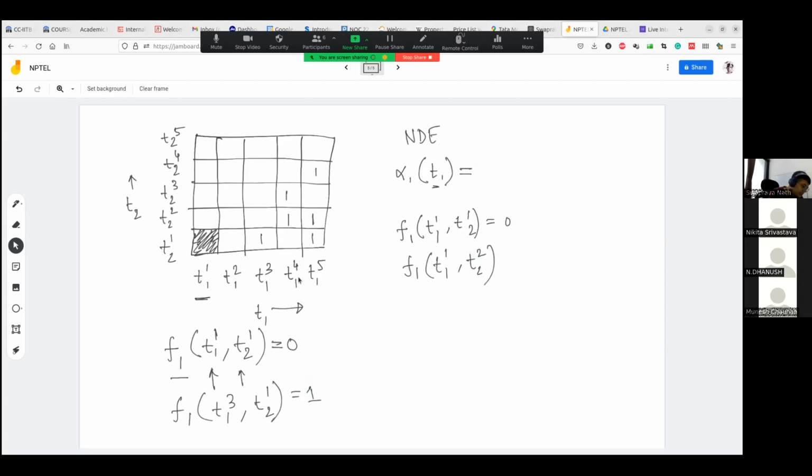So I'm looking at this cell, right? So this cell, what will be the corresponding F1, T11, T22? Again 0. So essentially, you can look at all these points here. So essentially, everything will be 0 up to T25. I'm not writing the intermediate steps. Now using that formula, you can calculate what alpha 1 T1 is, right?